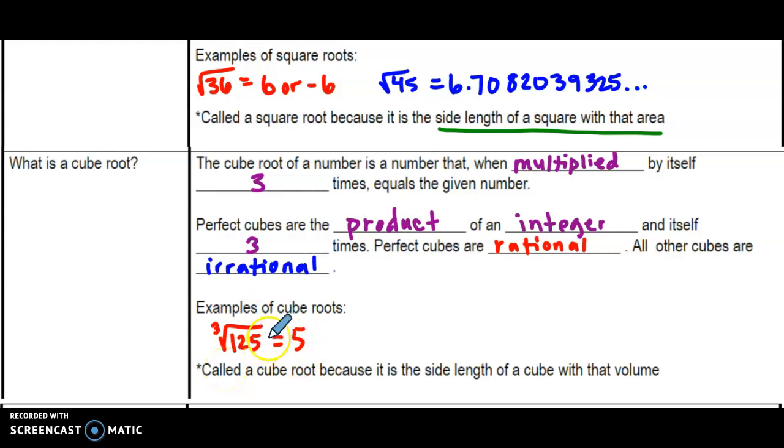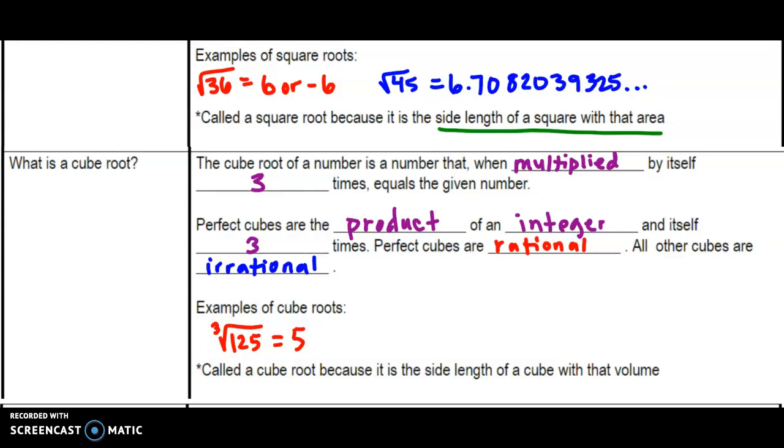This one doesn't have a positive and a negative, because if I did -5 times -5 times -5, that would be -125, not positive. So cube roots only have one answer, unlike square roots that have two answers. And because this one gave me a whole number, this cube root is considered rational.